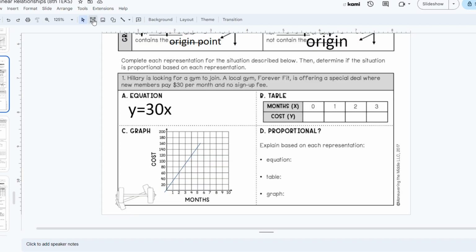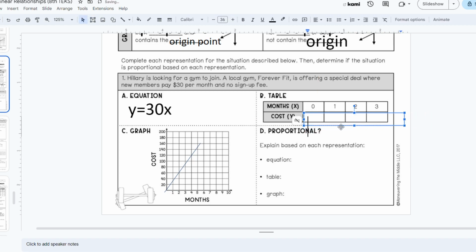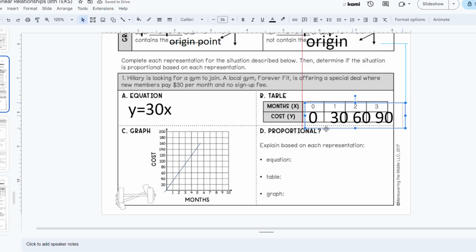And then for the first month, month 0, it's going to cost $0 because there's no sign up fee. We haven't used the gym yet. Month 1, because it passed through the origin point, right? It's going to cost 30. Month 2 is going to cost 60. Month 3 is going to cost 90. What a concept.